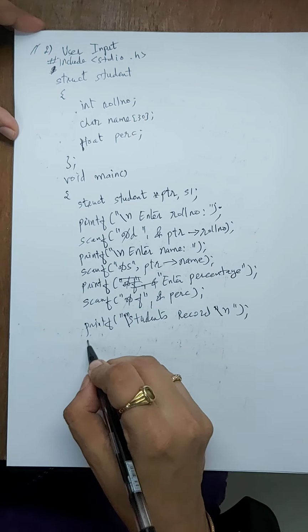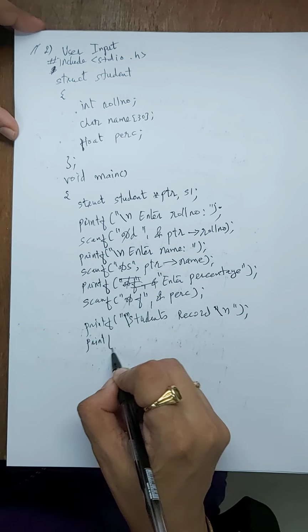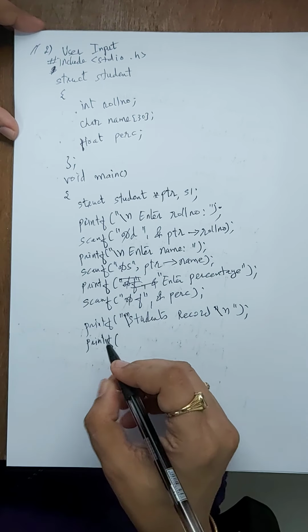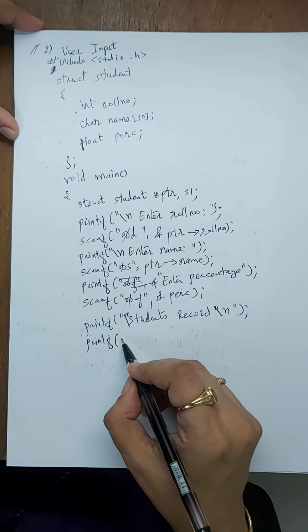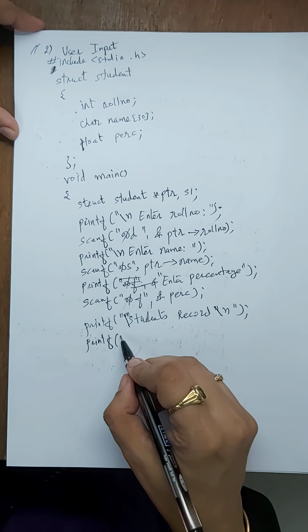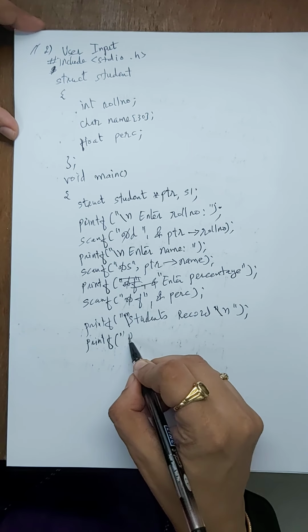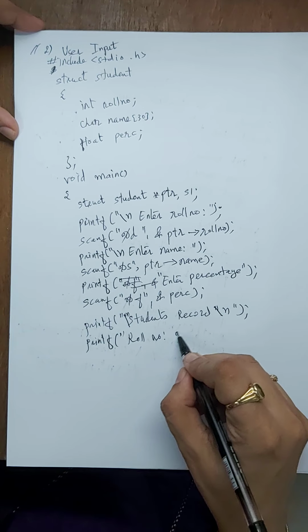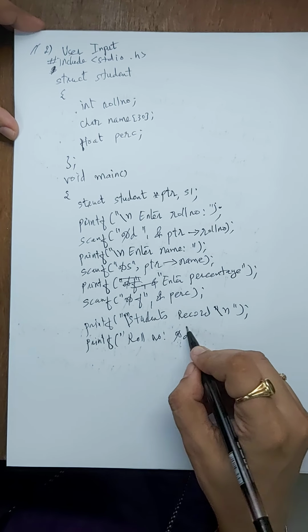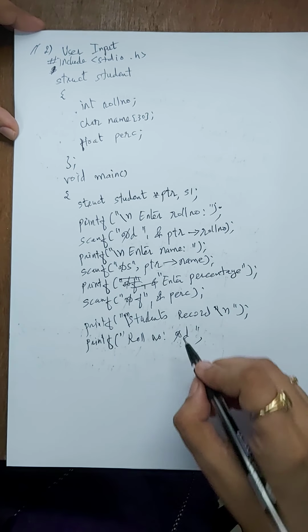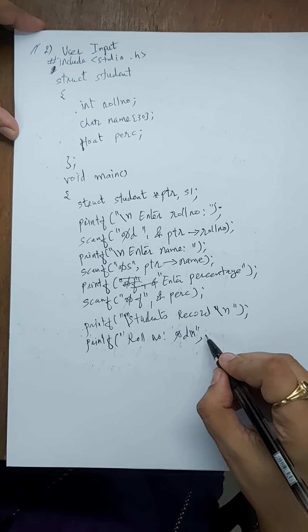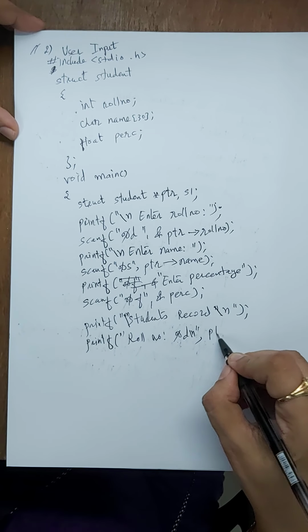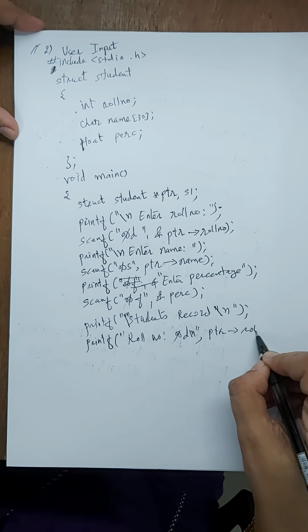Then I will print all the three values one by one. First is roll number, it's %d, and you can write new line, and here we'll write ptr roll number.